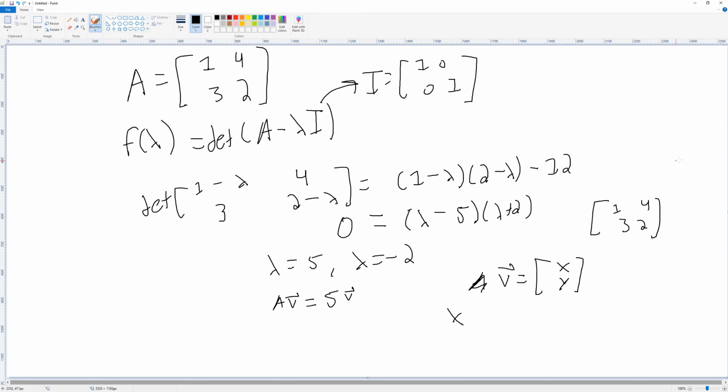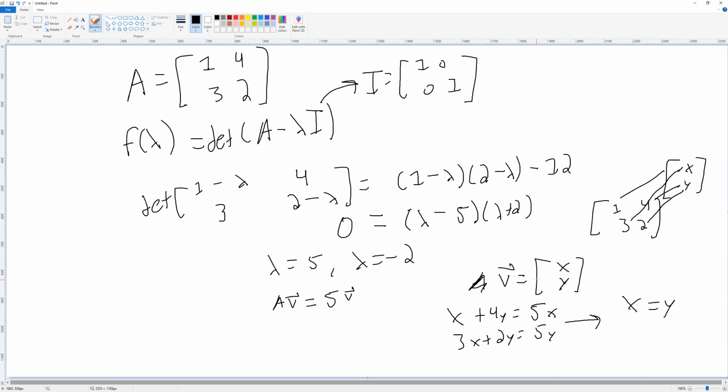And remember the way I said you can write out matrix multiplication: 1 times x plus 4 times y, so x plus 4y equals 5 times the first entry, so 5x. And then 3 times x plus 2 times y equals 5y. Both these equations are saying x equals y. And so any vector v that satisfies x equals y is an eigenvector for the eigenvalue 5.